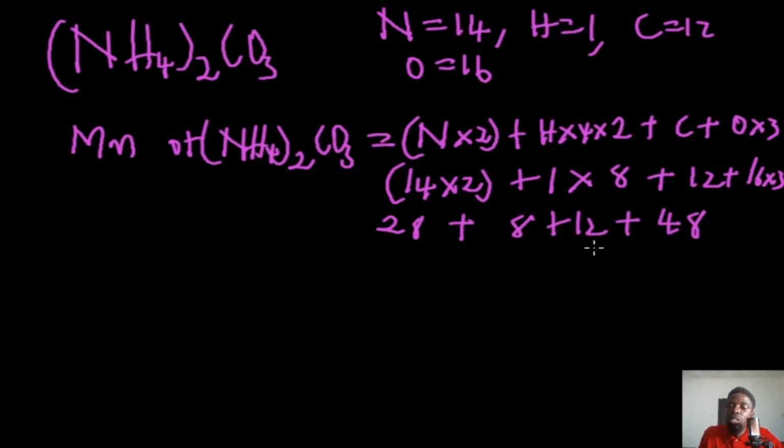If we add all this together, 48 plus 28 is going to be 68, plus 8, which is going to be 76. So our answer is going to be equals 76 gram per mole. So that is that about the molar mass of ammonium carbonate.